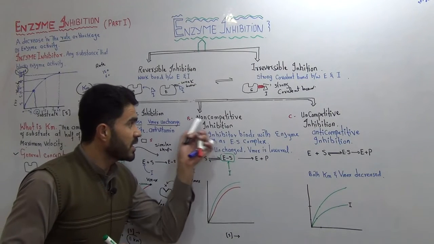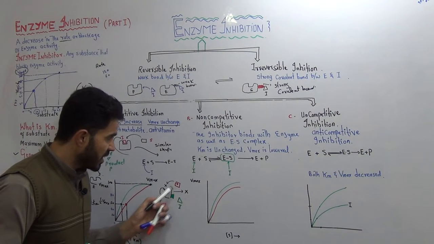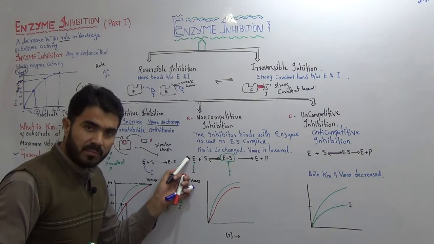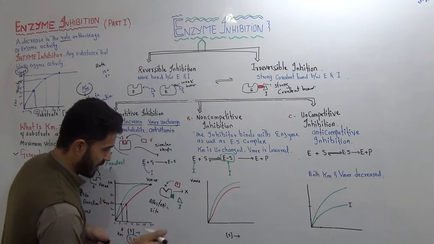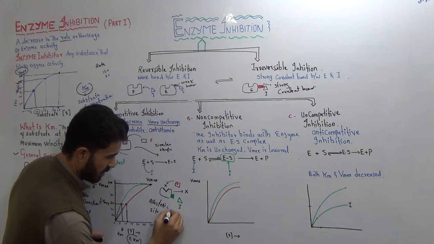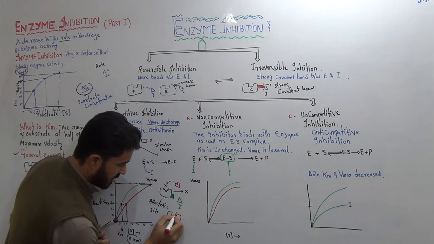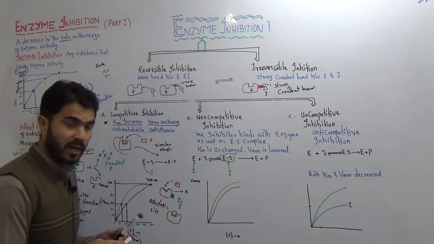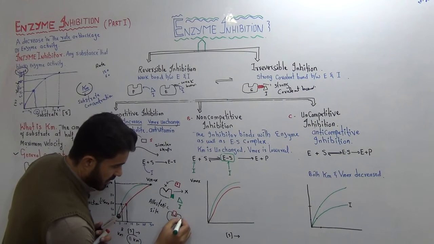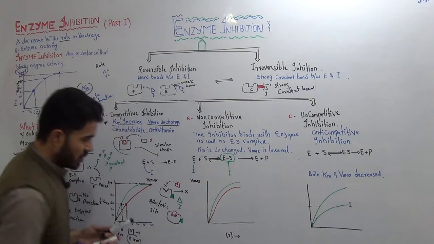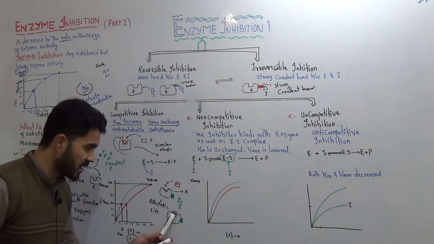So in case of non-competitive inhibition, the inhibitor can attach at the enzyme when it is alone, or let's suppose I'm going to write the diagram. Let's suppose this is the diagram of the enzyme, where the substrate is attached to the enzyme, meaning the enzyme substrate complex is already there, but the inhibitor can attach here as well. So you can see the inhibitor is attaching itself with the enzyme alone as well as the enzyme substrate complex.